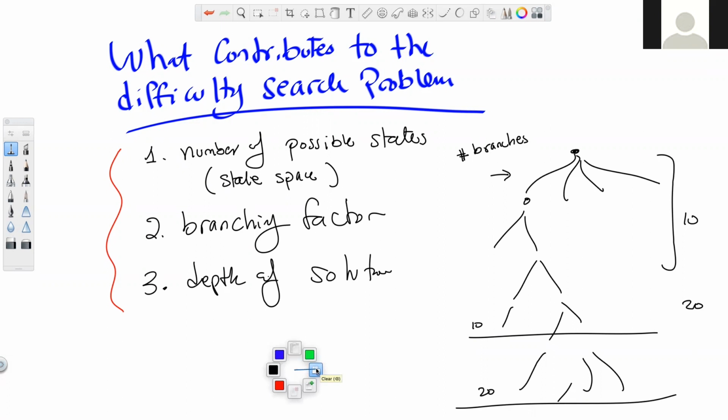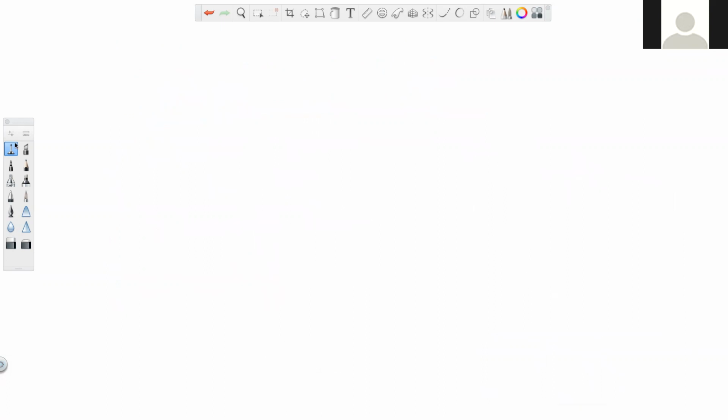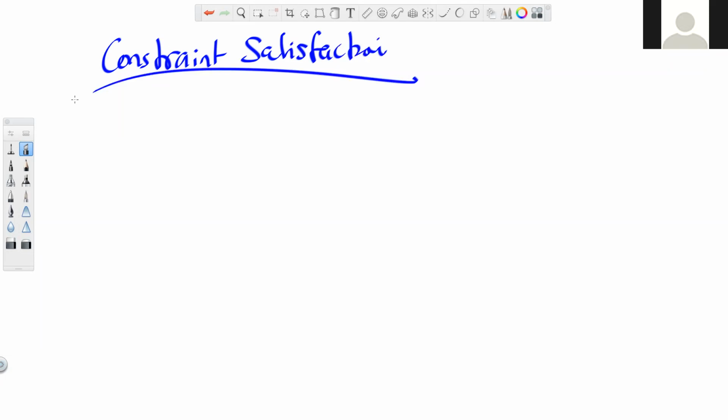Let's look at this problem, which is classically used as a prototypical example to illustrate these. We're talking here about constraint satisfaction. Ignore the name, it's a little bit distracting for now. Let's just focus on the problem I'm going to be mentioning.